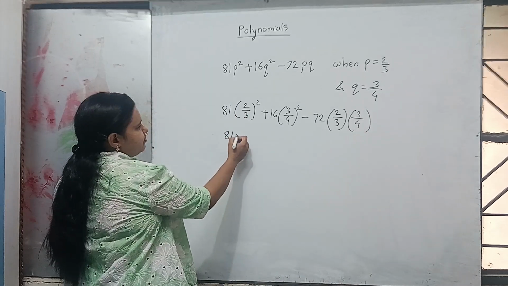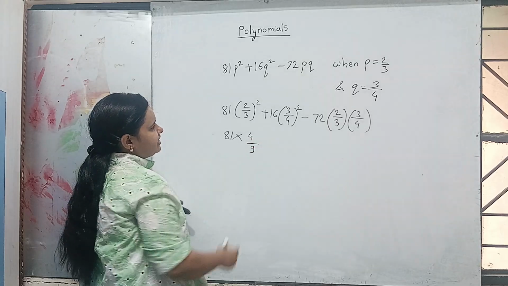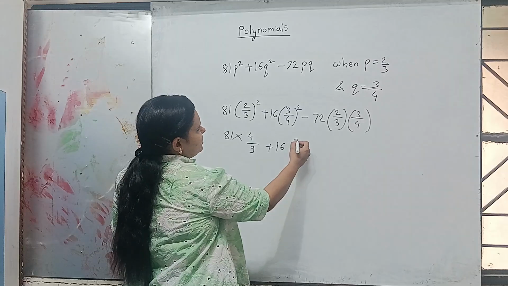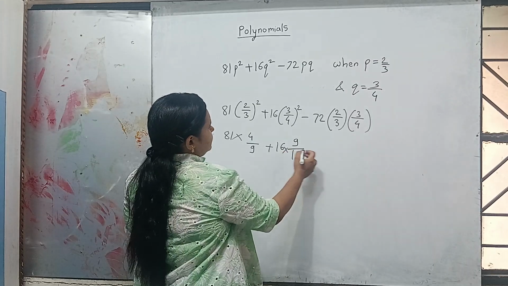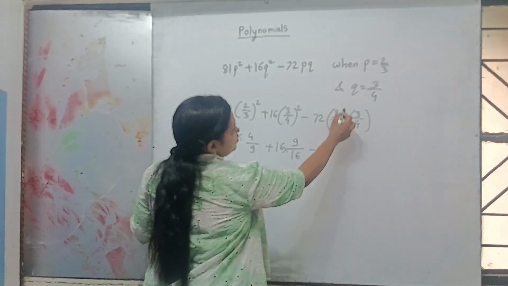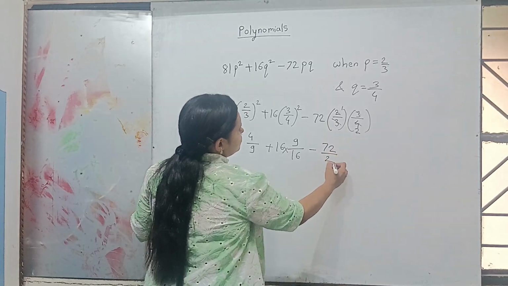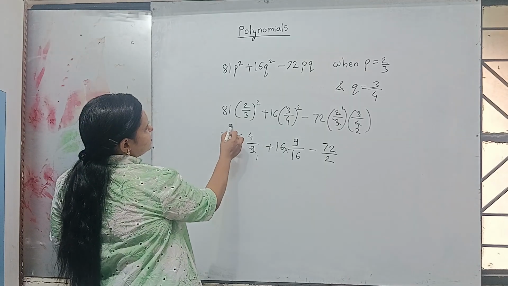So 81 multiplied by 2 square is 4, 3 square is 9, plus 16, 3 square is 9, 4 square is 16, minus 3 will get cancelled and we get 2 ones are 2, 2 twos are 4, 72 upon 2. So 9 ones are 9 and 9 nines are 81.